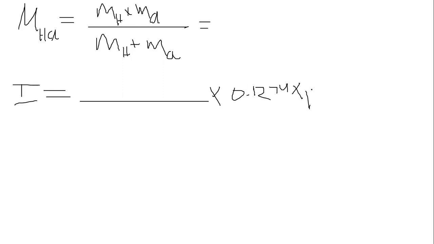Nanometer means 10 to the power minus 9, and the unit will be kg into meter square.